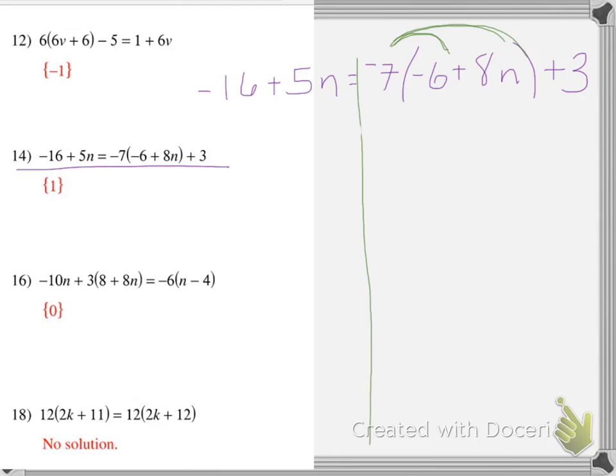Do you remember the distributive property from last year? If you don't, then you're going to stop right now. So sorry to see you go, but you're going to need to. You're going to bring that plus 3 down, and you're going to find a video on the distributive property. You're going to practice that, that would be in simplifying expressions using the distributive property.